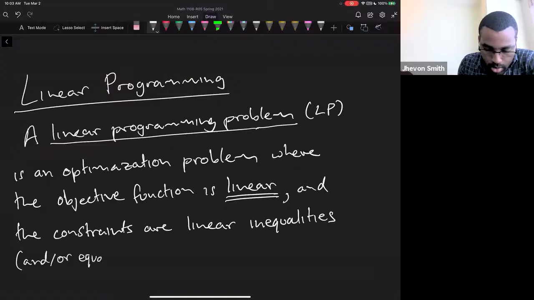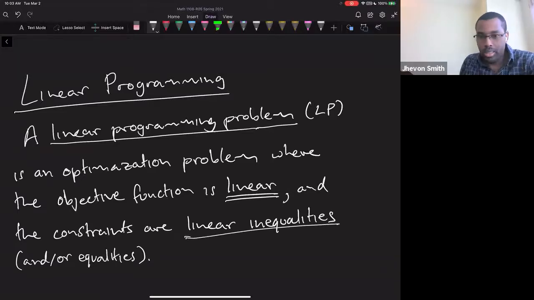So that's why linear inequalities are important to us. It turns out that there are a lot of situations in which, to optimize something, you want to maximize or minimize some function. Many times that function ends up being linear, and the restrictions that you have are also linear.